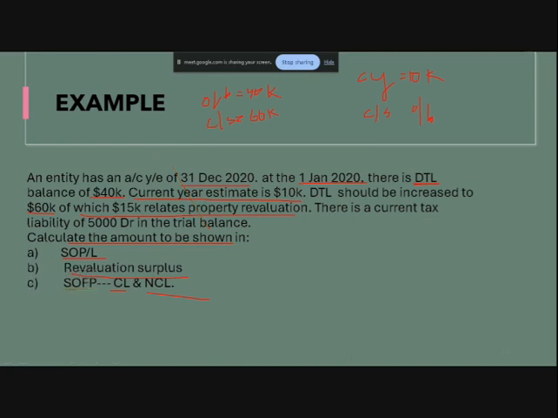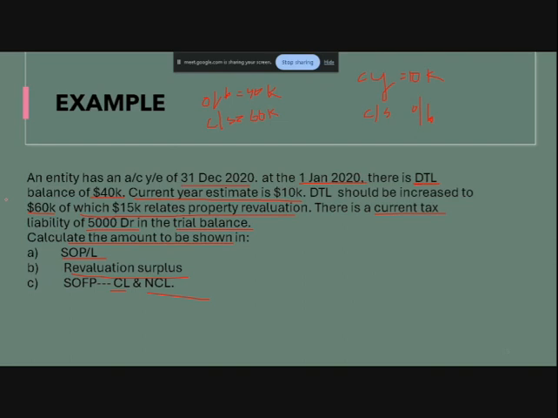Now the next line says there is a current tax liability of 5,000 debit in the trial balance. So what is this 5,000 debit? It's something related to provision.